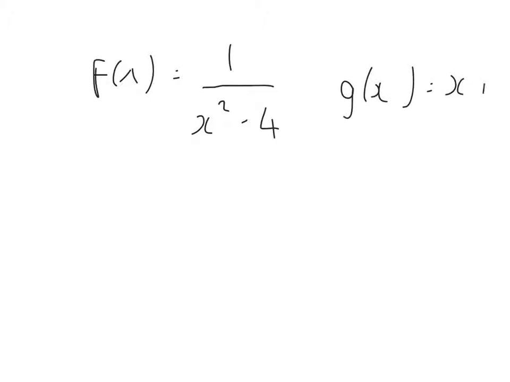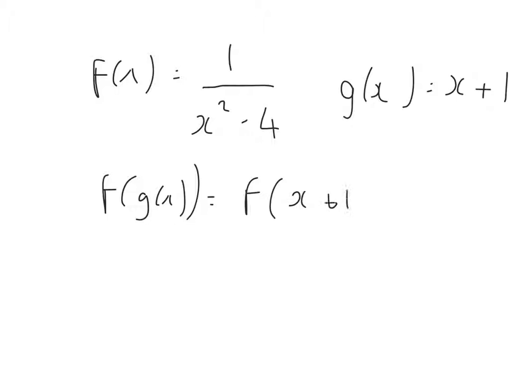So first one, we've got f of x is equal to 1 over x squared minus 4. G of x is equal to x plus 1. The question then says find f of g of x. Well, f of g of x is f of x plus 1.